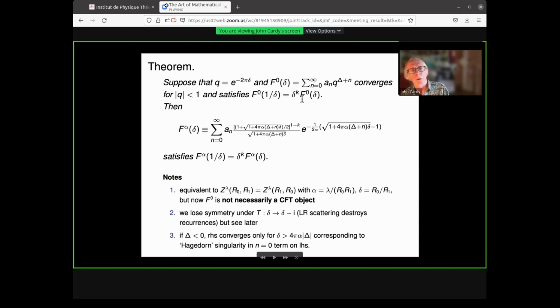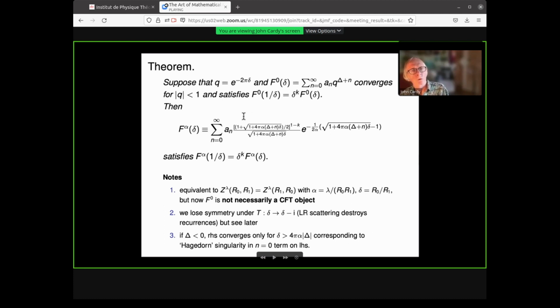So this would include all kinds of objects like modular forms and modular functions and all kinds of other interesting objects, including, if you add an extra dependence on variables here, Jacobi theta functions or more generally Jacobi forms.